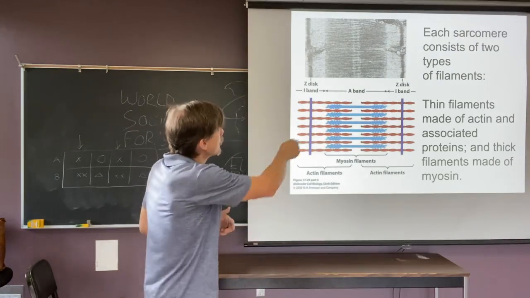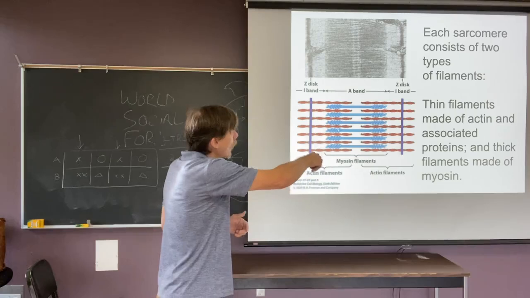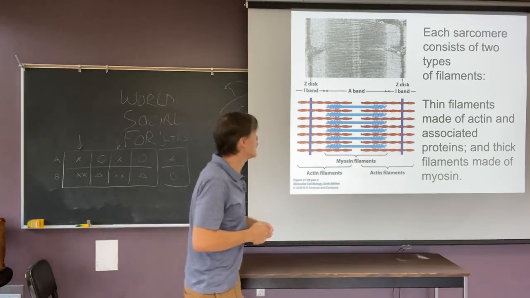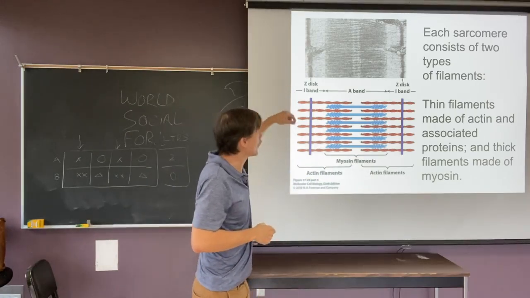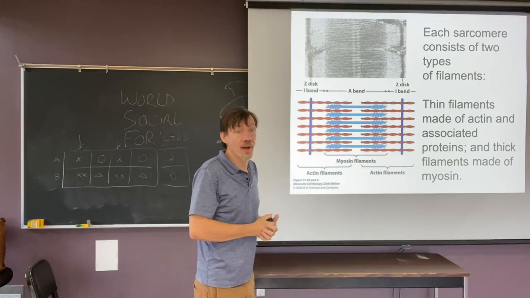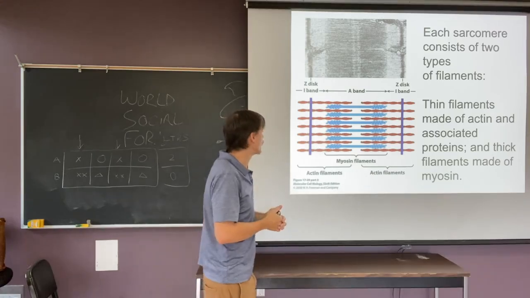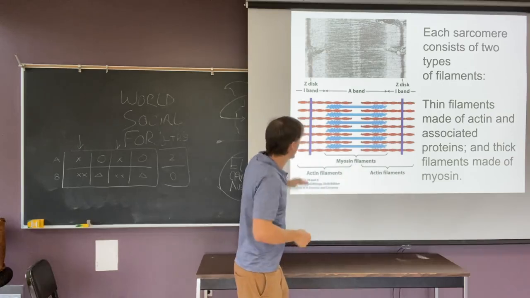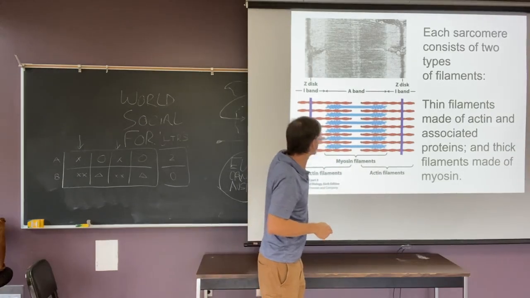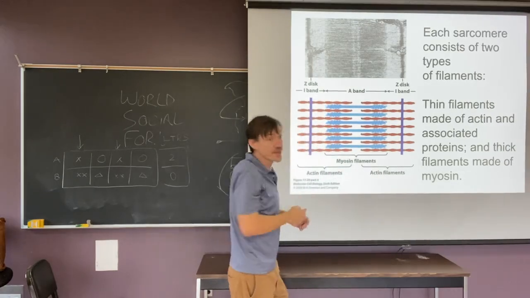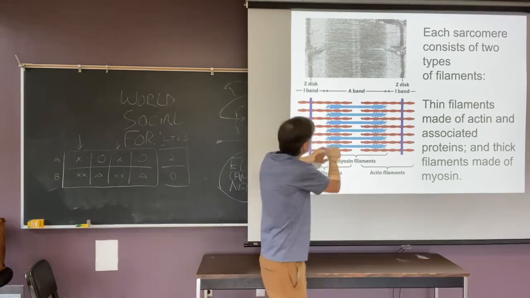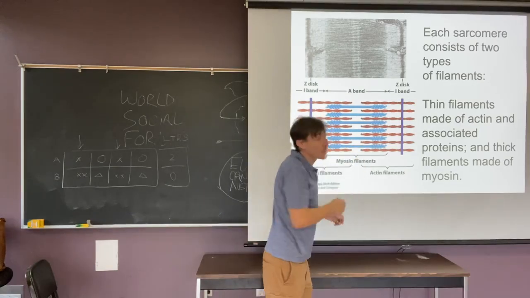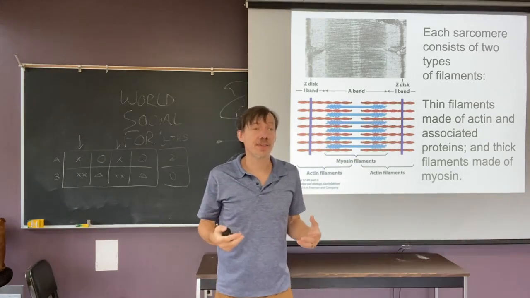If you overlay a cartoon of the sarcomere with the electron micrograph, you can start to understand how things are being organized at the molecular level. We've got our Z disc here on the side, and we have our actin filaments that are attached with their myosins on the Z disc. And then in between are what are called thick filaments of myosin.